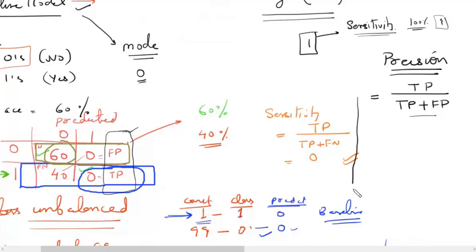So what is the interpretation of precision? It measures, out of all predicted ones, how many are actual ones.